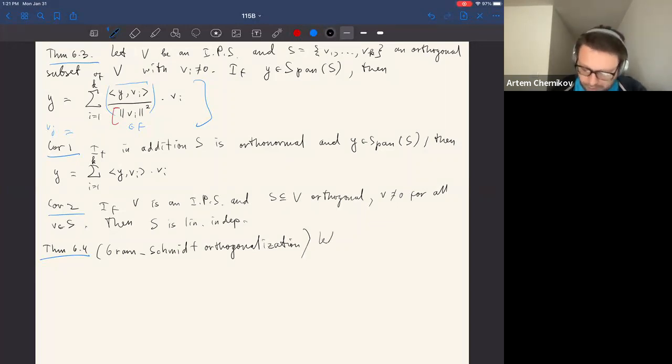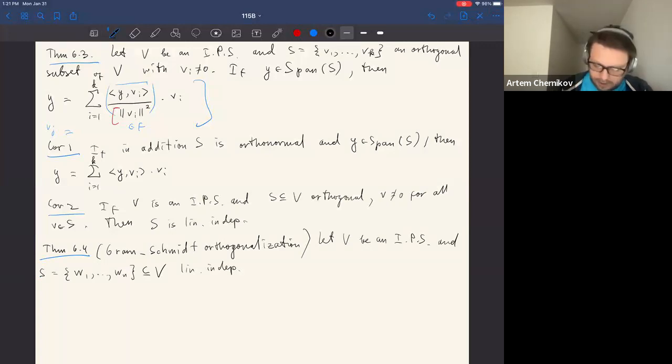So assume V is an inner product space, and we have S, a set of vectors, which we denote as W1 through Wn. So it's a set of vectors in V, and assume that they're linearly independent. Okay. So we start with a linearly independent set of vectors.